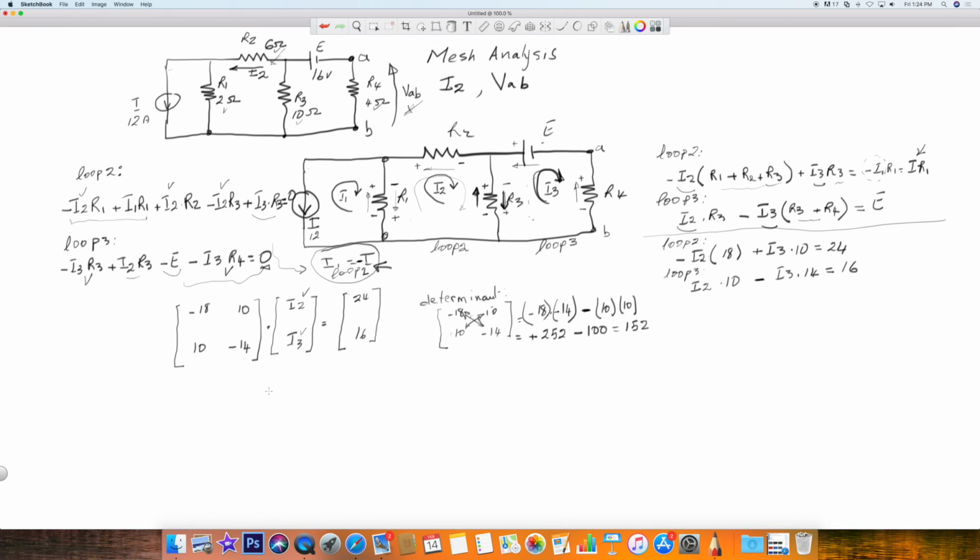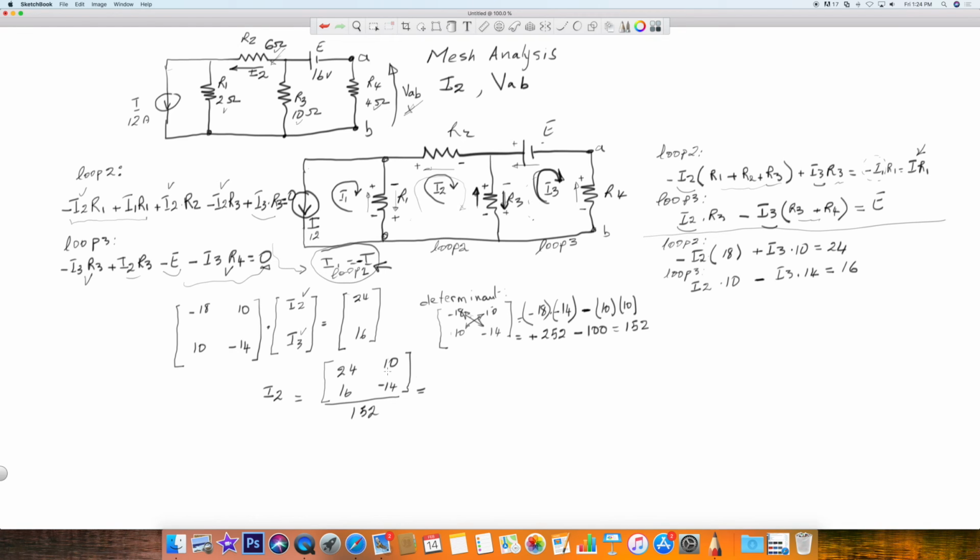So now let's figure out, let's say, I2. To do I2, what you need to do is replace the column for I2 with 24 and 16. Since I2 is the first column, leave this one here, 10 and minus 14, and divide everything by the determinant, which happens to be 152.